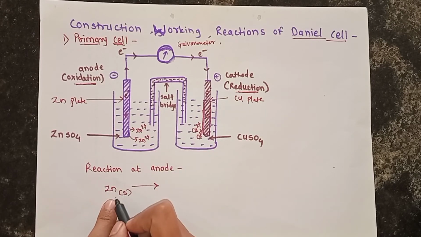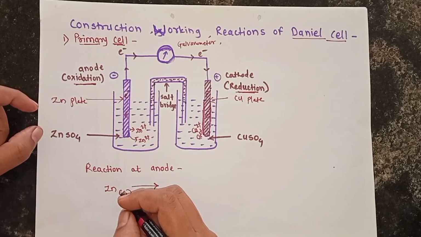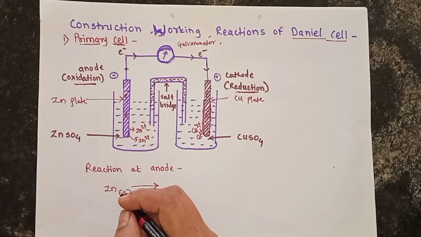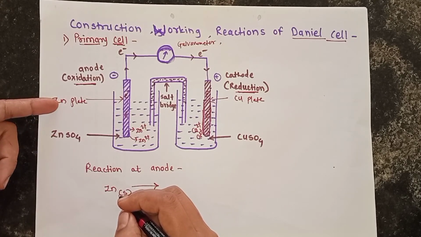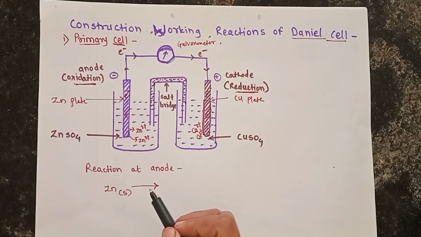Zinc has a greater tendency to lose electrons because it is at the top in the electrochemical series, so it has a greater tendency to lose electrons than copper. That's why zinc acts as the anode and undergoes oxidation.